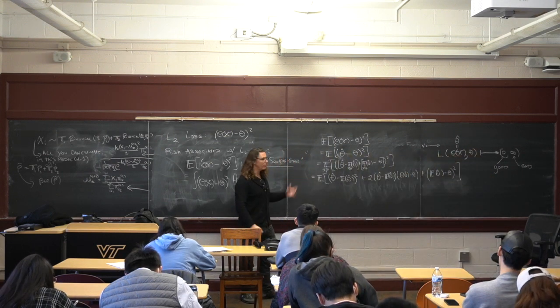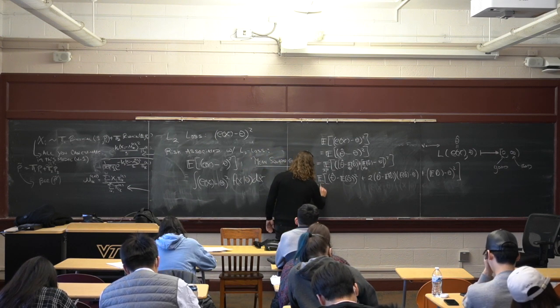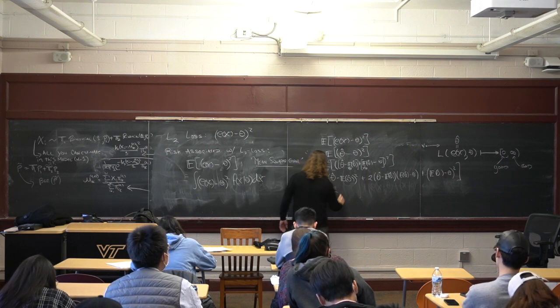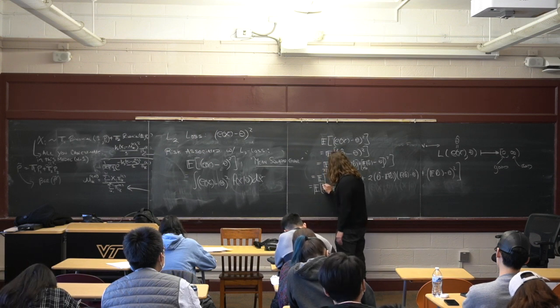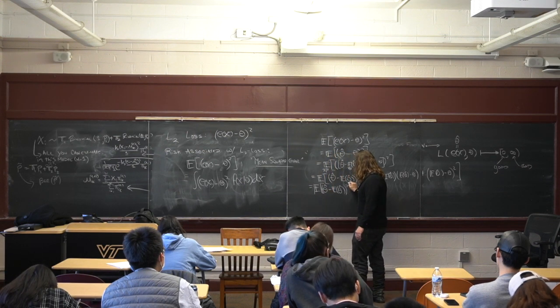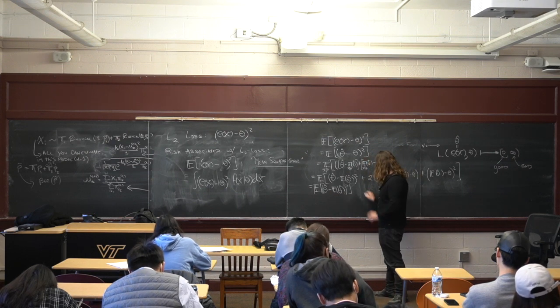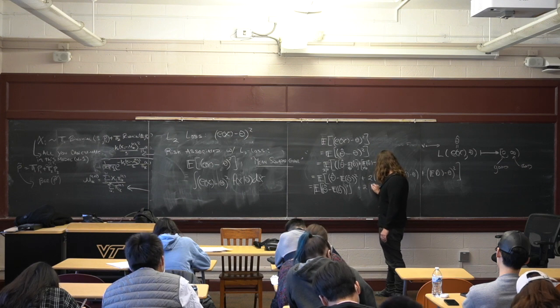So this is going to break up into 3 terms. I'll write them all out. Expectation of theta hat minus expectation of theta hat, all squared right there. And this is going to be plus 2 times the expectation.